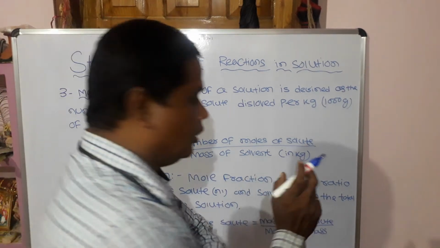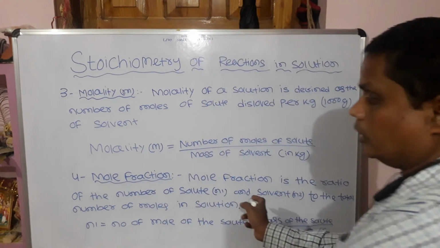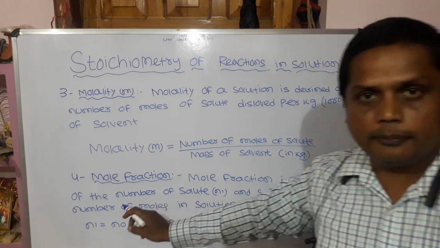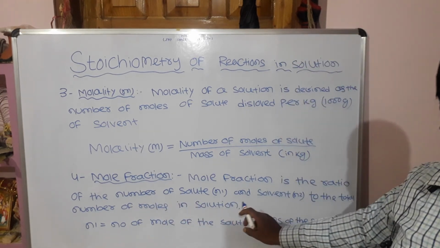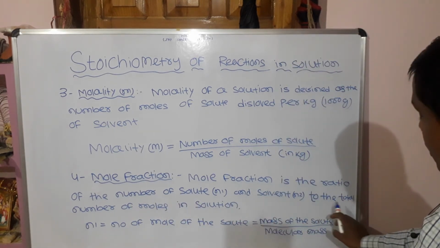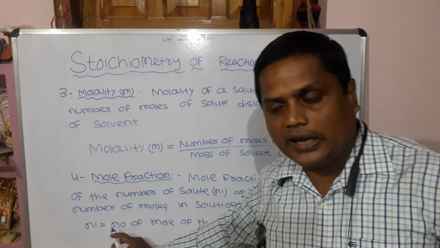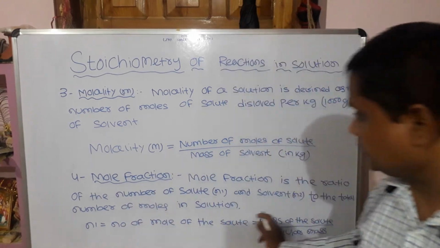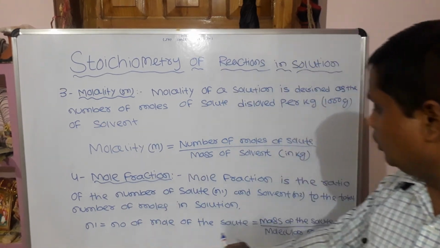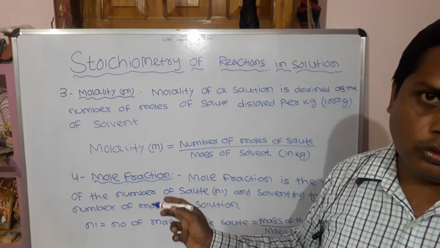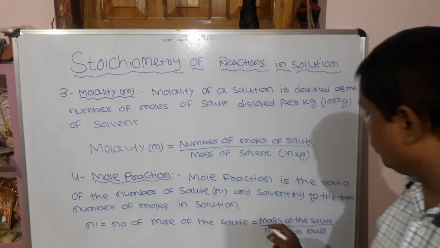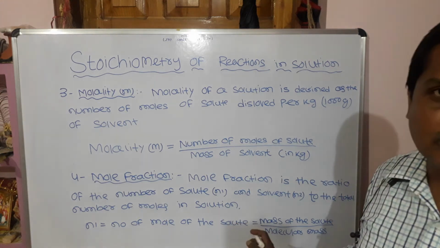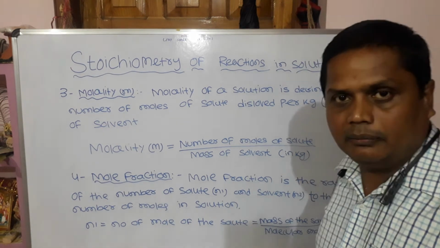N1 equals the number of moles of the solute, which equals the mass of the solute divided by its molecular mass.